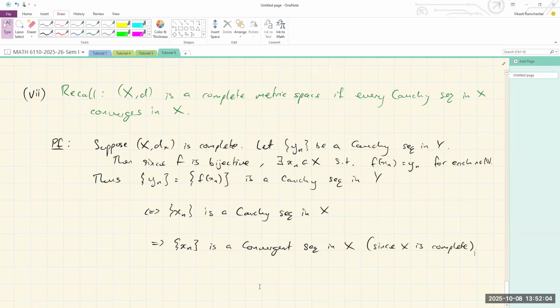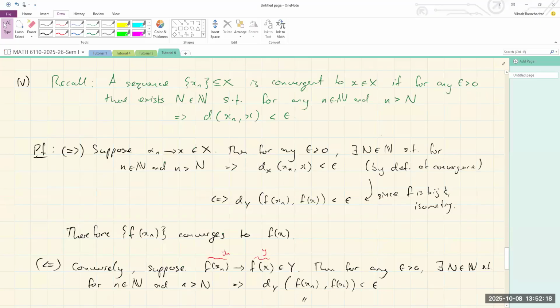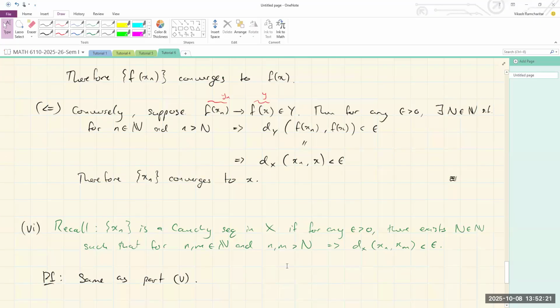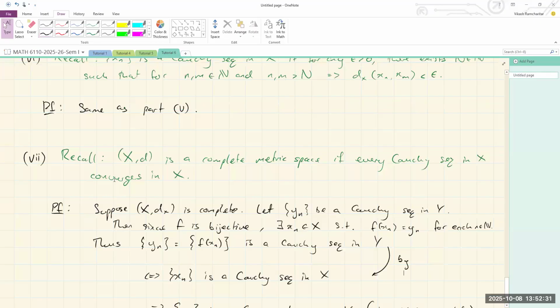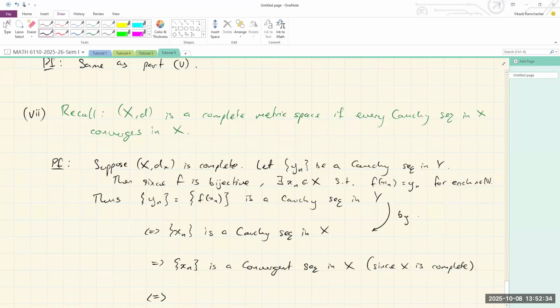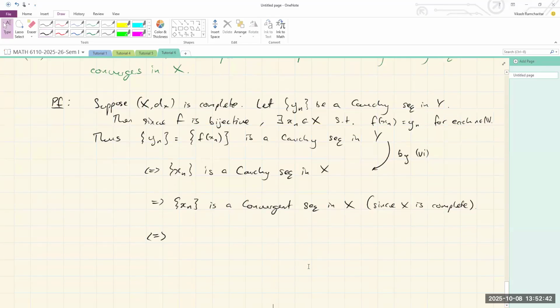But what do we know if we have a convergent sequence in X again? So now we're linking everything we proved, so maybe I should state that. The Cauchy sequence part was 6, and this part is by 5.